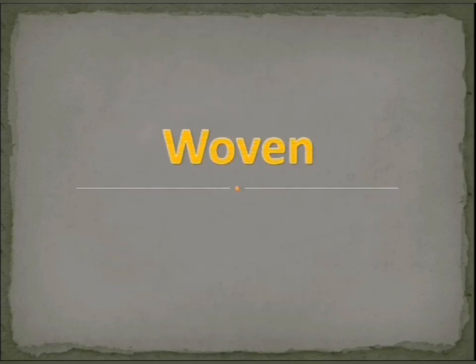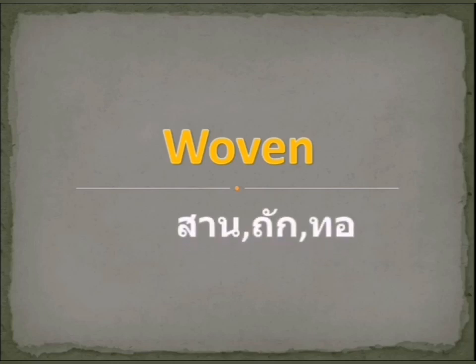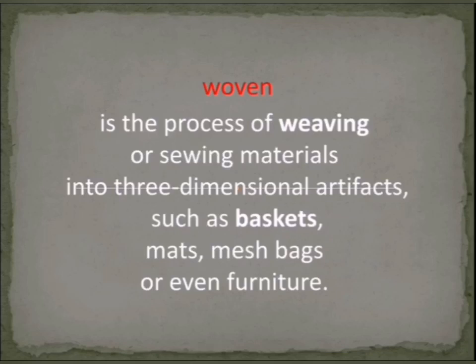Okay. Now let's move on to woven. Woven in Thai means. Woven is the process of weaving or sewing materials into three-dimensional artifacts, such as baskets, mats, mesh bags, or even furniture.